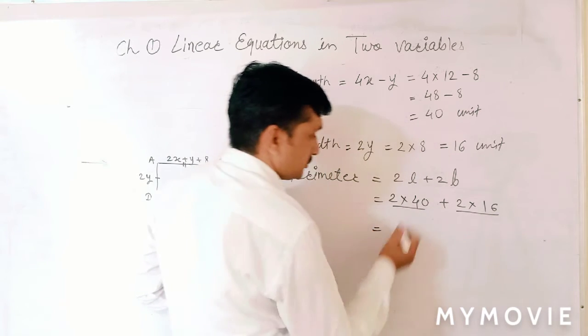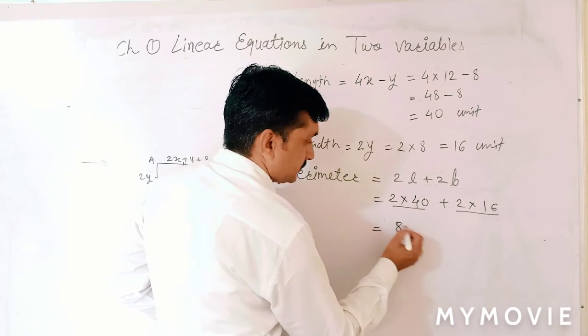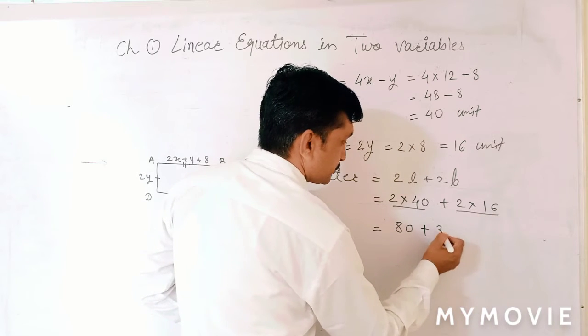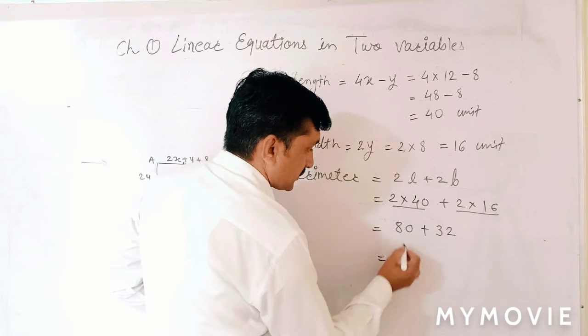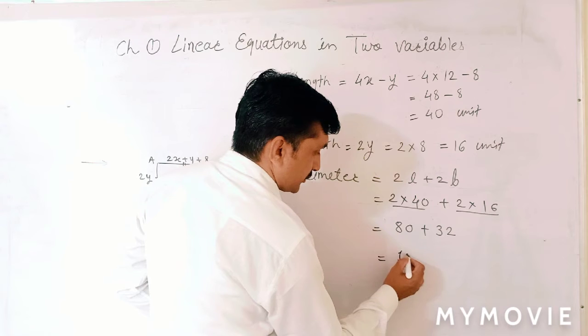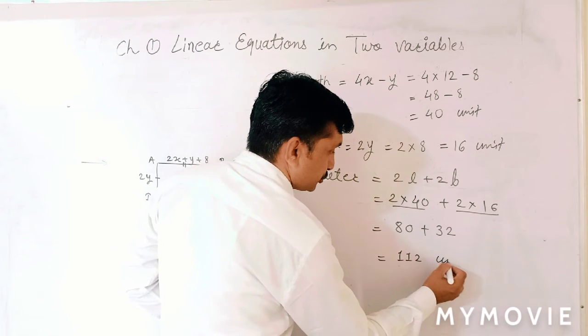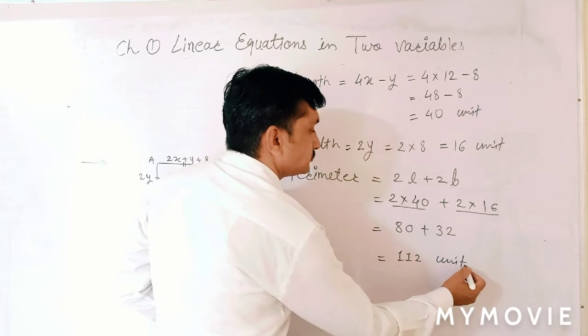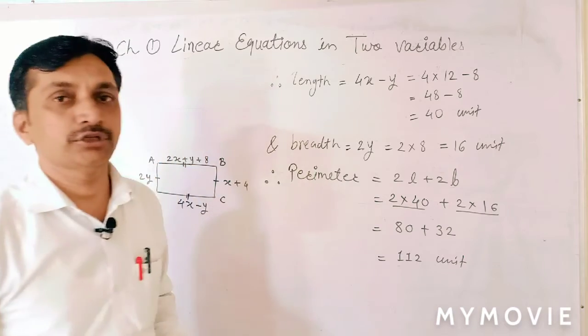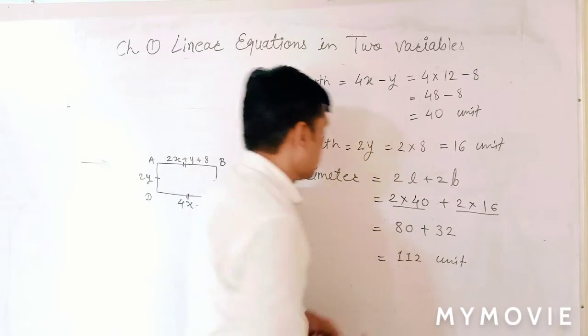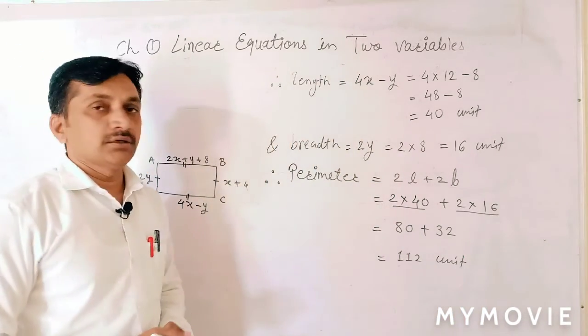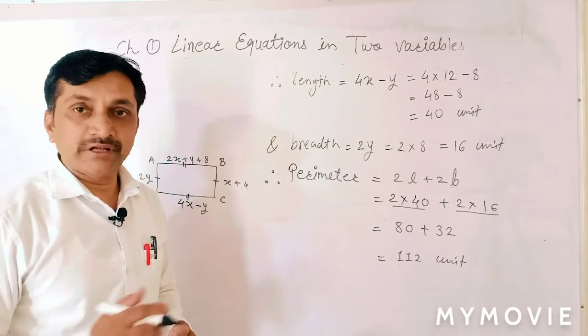First product: 2 fours are 8, 80, plus 2 sixteens are 32. Now the answer is 112 units. Okay, perimeter.